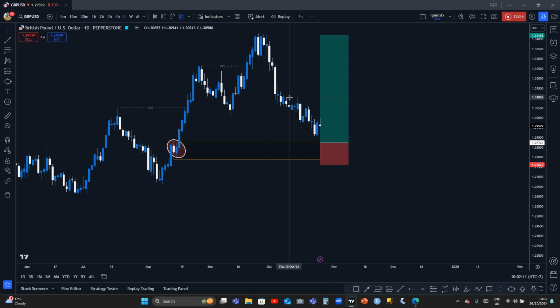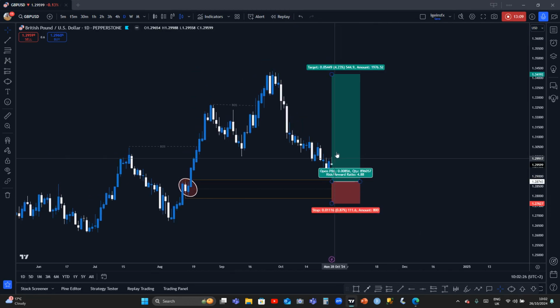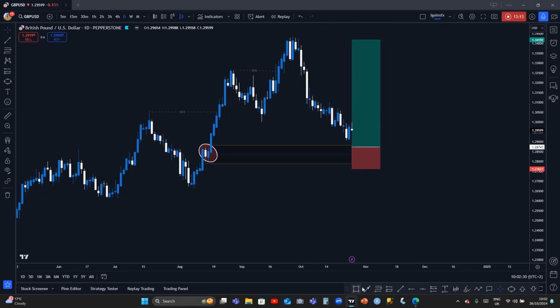I'm just waiting patiently for the price here to tap into this origin that caused the break of structure to the upside. Then I will now push the market up. As it's going up, I'll just join. That's all. And now, why do I have confidence that price will come and tap into this place?